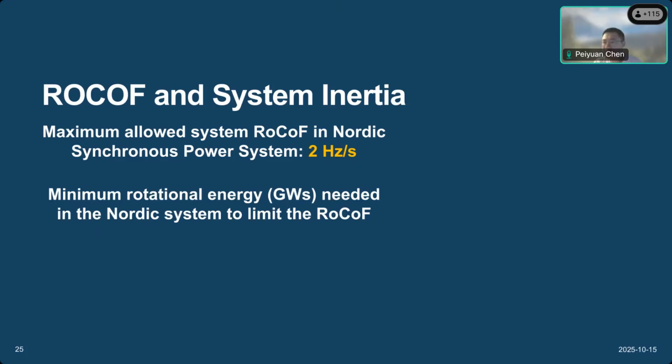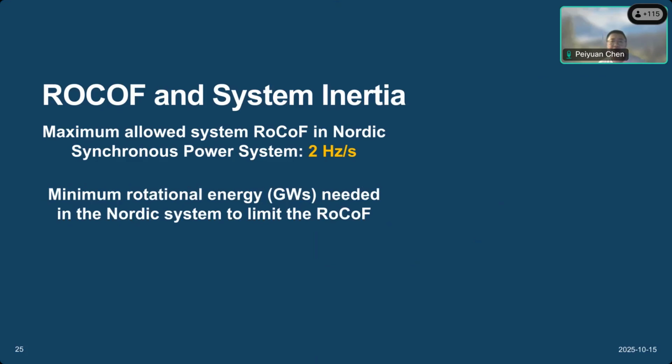In the Nordic system, we are a little bit lucky in the sense that for the traditional synchronous machines, we don't really have a rate-of-change-of-frequency protection. And for the wind farms, we also have a relatively relaxed protection, where the maximum allowed system rate of change is 2 Hertz per second.